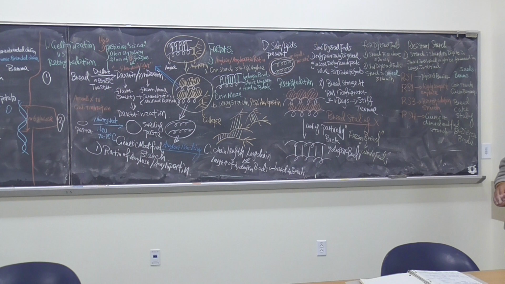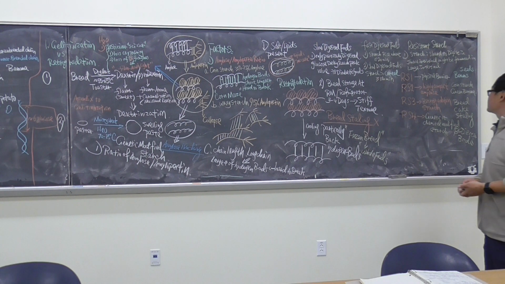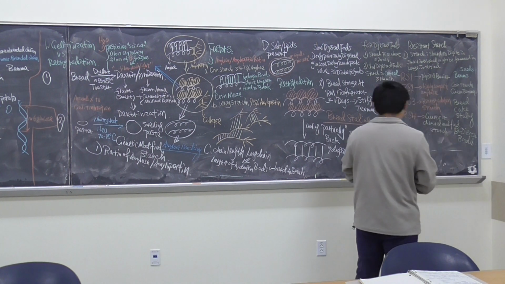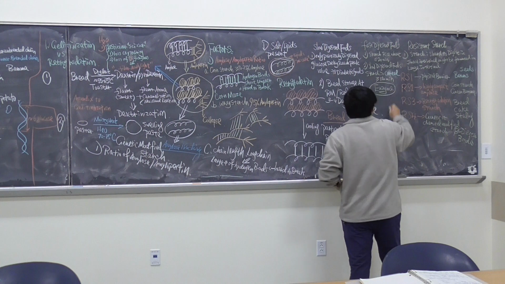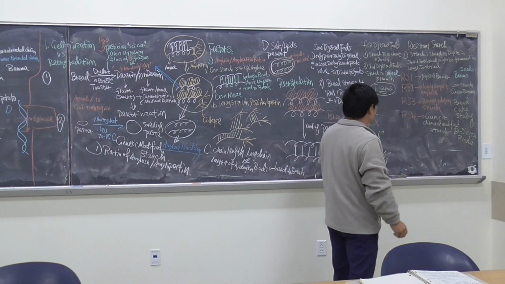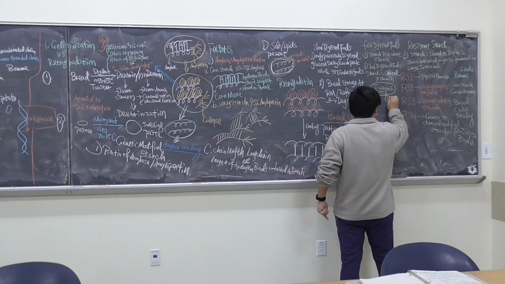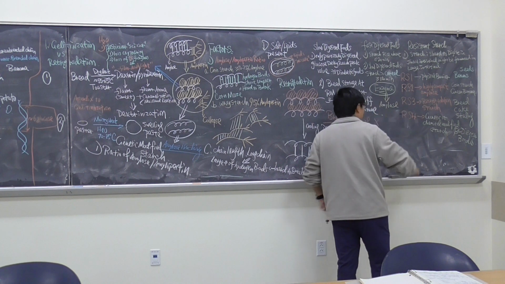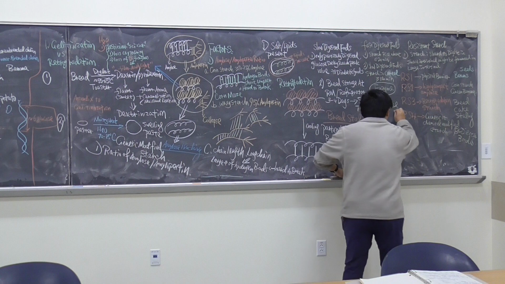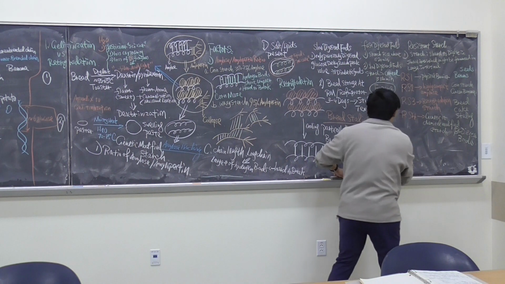To hydrolyze starch, we need to use an enzyme. So we're going to mention the enzyme. What's the enzyme to hydrolyze starch? Amylase, everybody knows. However, there are 4 different categories of the amylase.